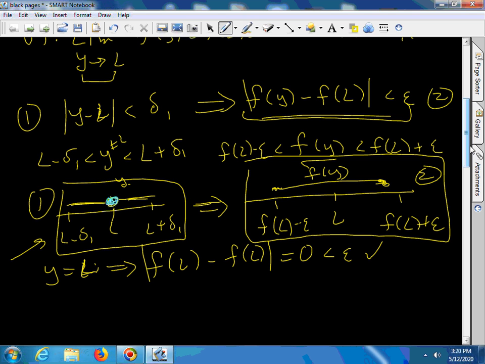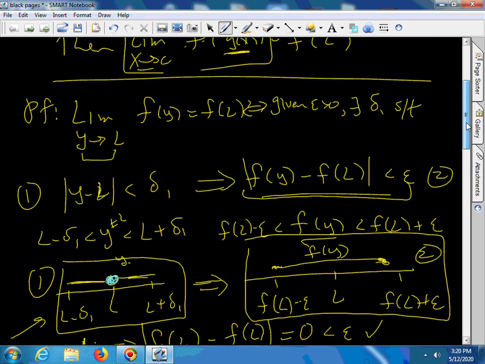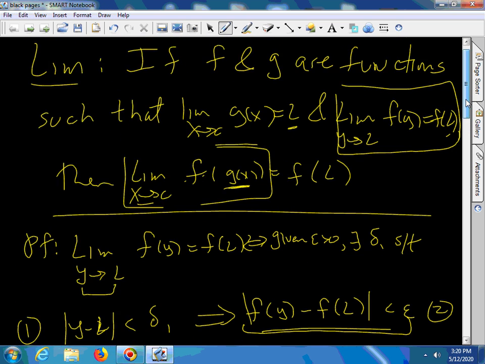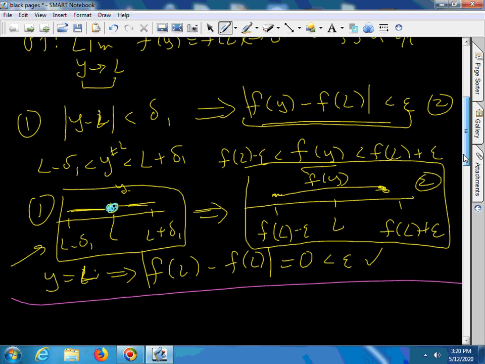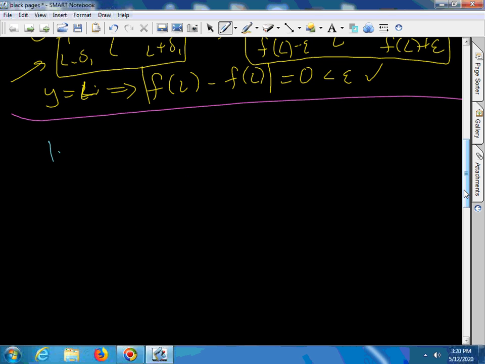Okay, now let us draw a line here and look at the second piece that we have. Let's see what that means. The limit as x goes to c of g of x is equal to L. Well, what does this mean?